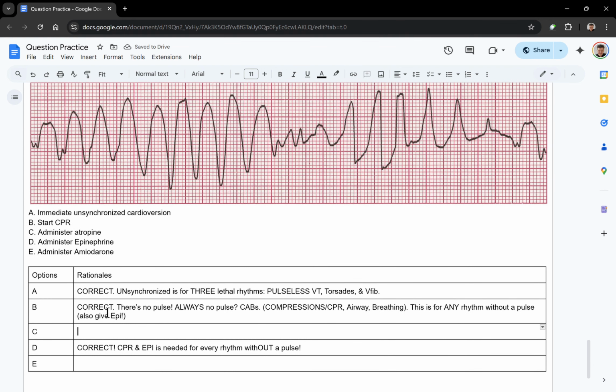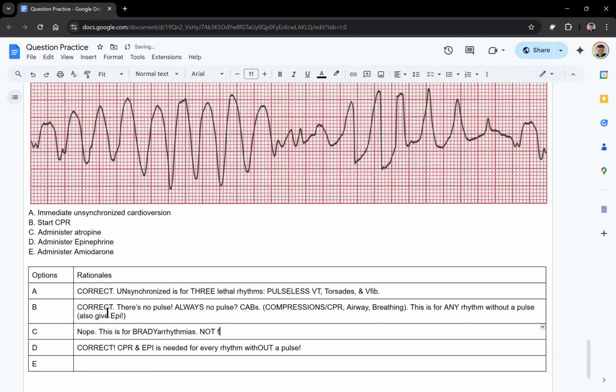Do we give atropine for torsades? That's a nope, right? And why is it a nope? Atropine is an anticholinergic for bradyarrhythmias.